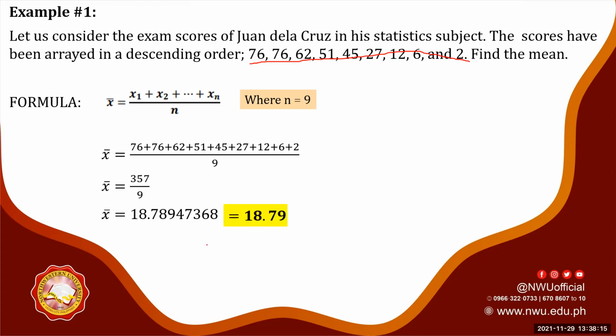So 18.79. That would be the mean. So yun ang X bar natin for Juan de la Cruz, or the mean of the scores of Juan de la Cruz is just 18.79. Okay? So that's example number 1. Let's try to look at our example number 2.